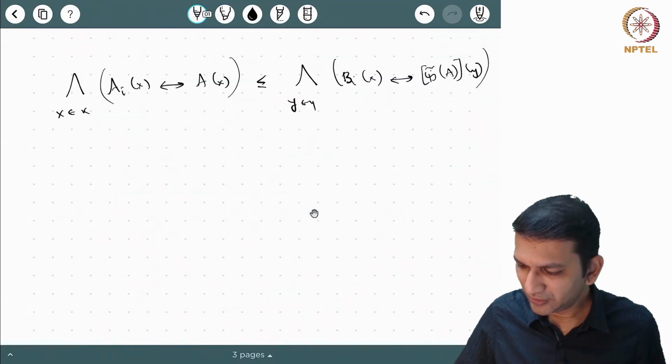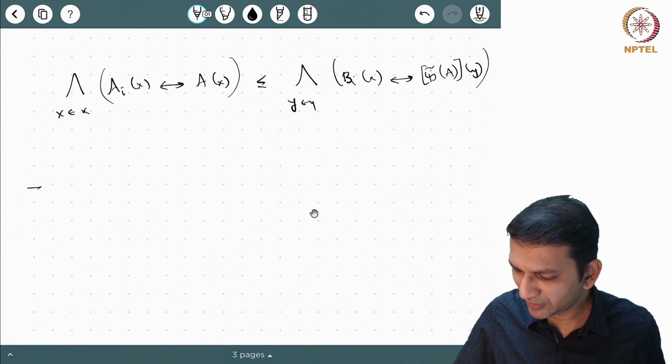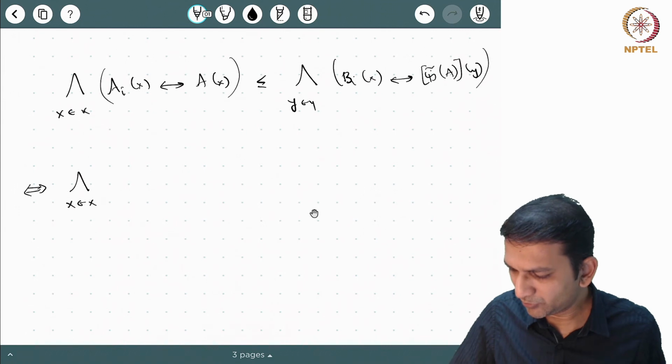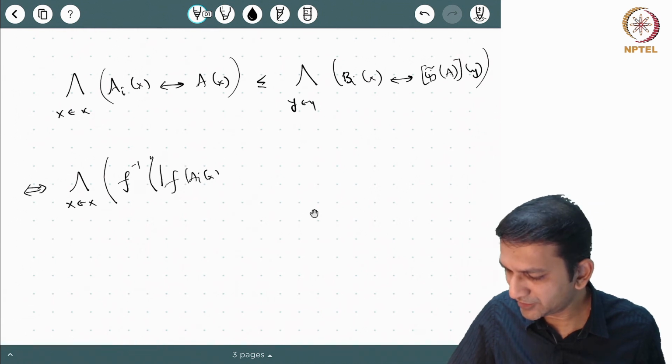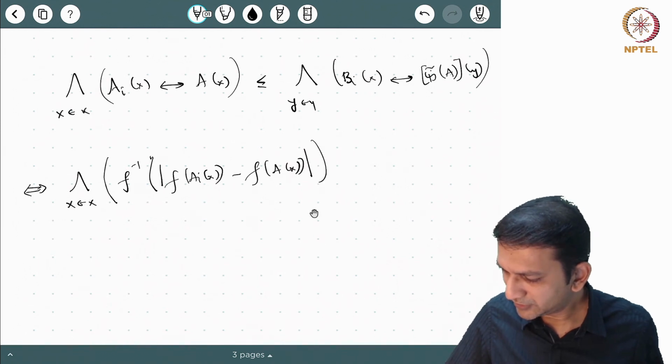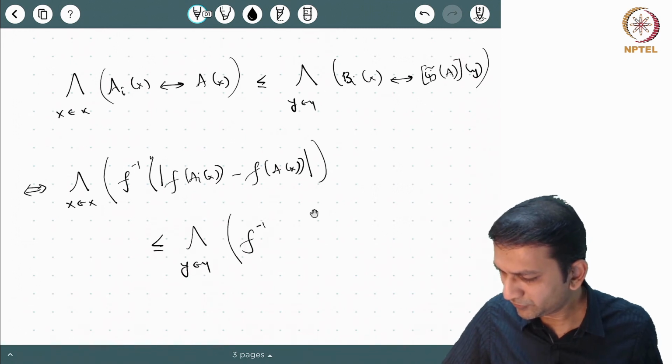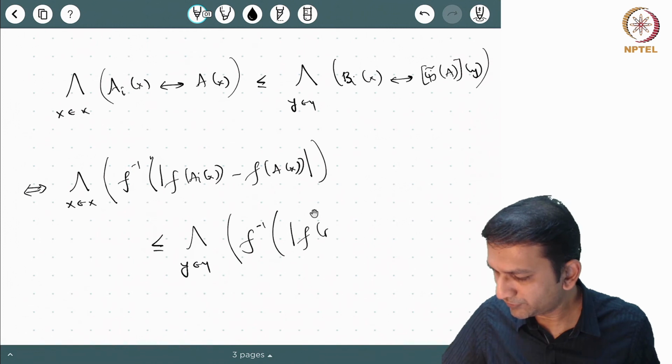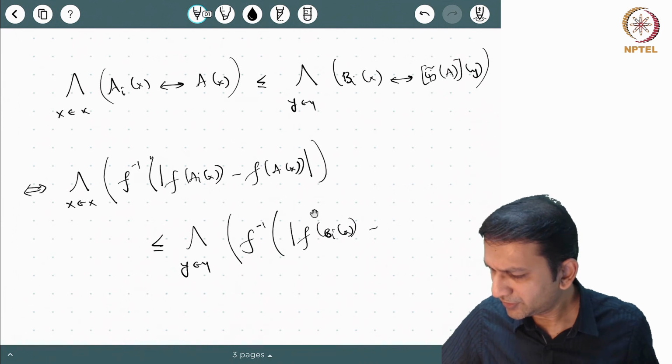That means given this, substituting, this is in fact equal to infimum over x of f inverse of mod f of a_i(x) minus f of a(x) mod, this is less than or equal to infimum over y of f inverse of mod f of b_i(x) minus f of psi tilde of a.